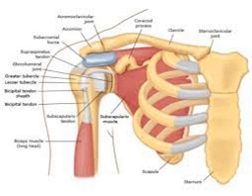Rehabilitation is an essential part of recovery from subacromial pain syndrome. A physical therapist will typically develop a tailored exercise program to strengthen the rotator cuff and shoulder muscles, improve flexibility and range of motion, and address any postural issues that may contribute to shoulder problems.